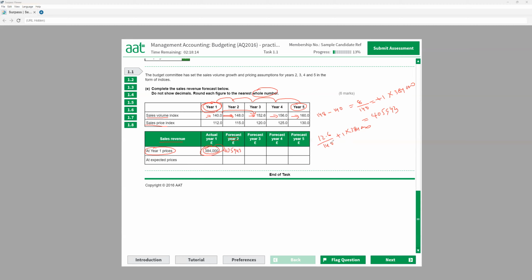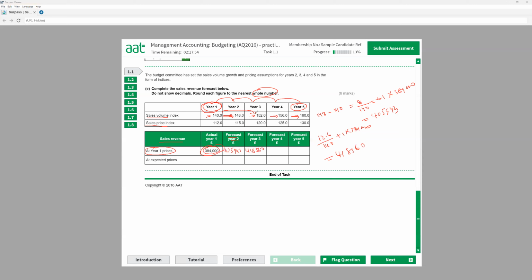The reason we plus 1 is because we want to see how much it is increased. That gives me 418,560.